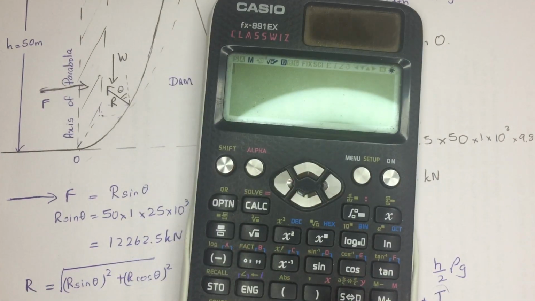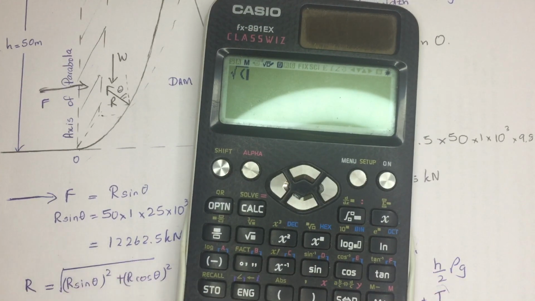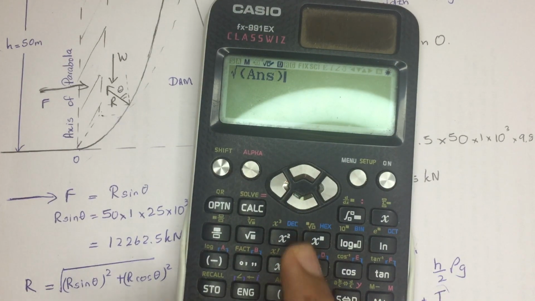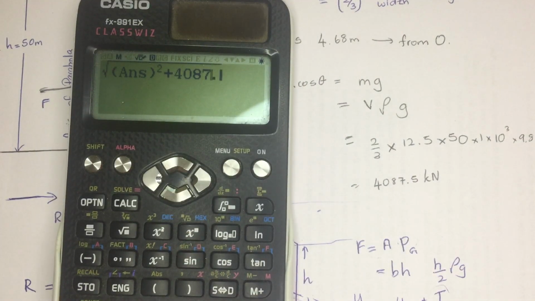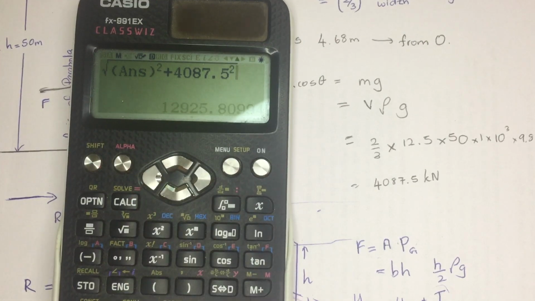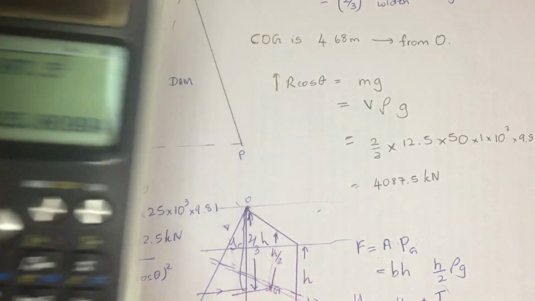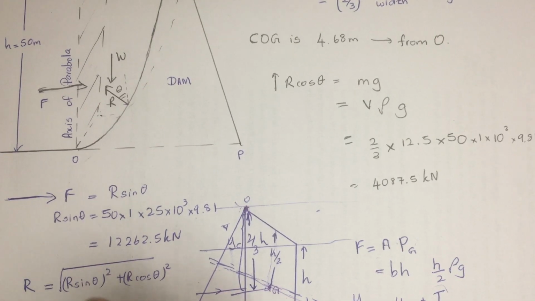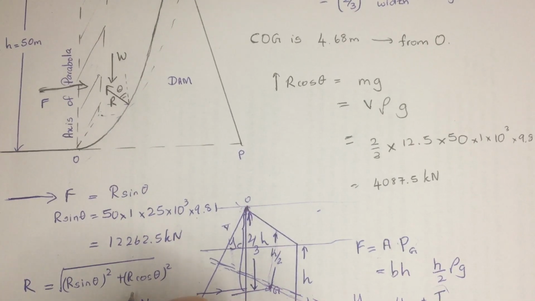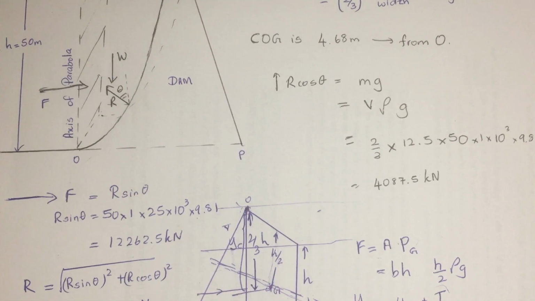Root of r sine theta, the answer we have already got for that, squared, plus r cos theta, which we have already found, 4087.5 squared. Yes, it's going to return 12,925.8 kilonewtons. So now we have figured out the answer, 12,925.8 kilonewton. But it's not finished.